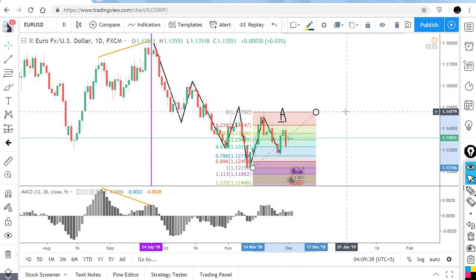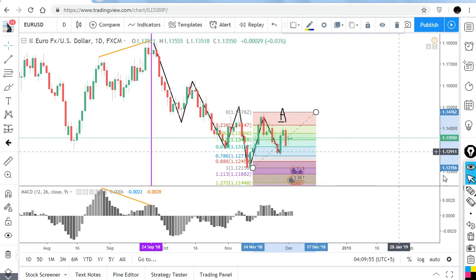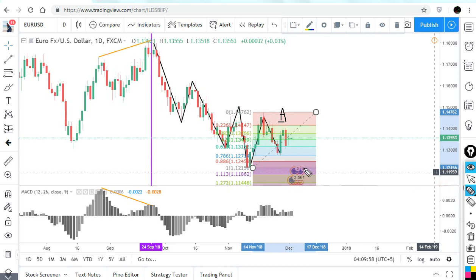Okay, now mostly in the ABC part, you will see that the number is mostly 78.6, because after this A wave the B part retraces exactly to this level of 78.6. So B maximally goes to 78.6, but it's an accurate number, and sometimes it goes to 88.6.